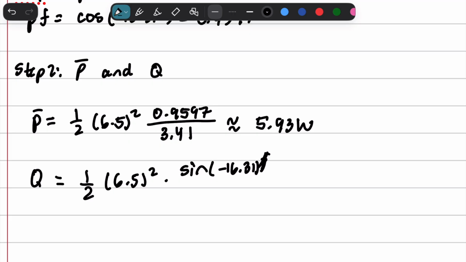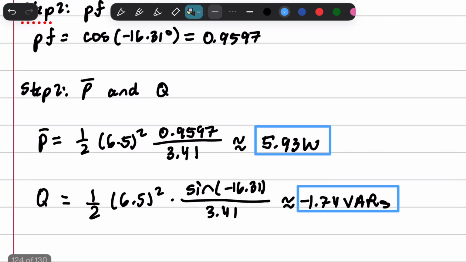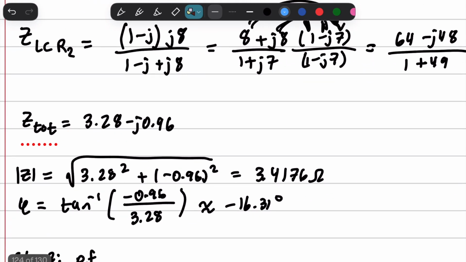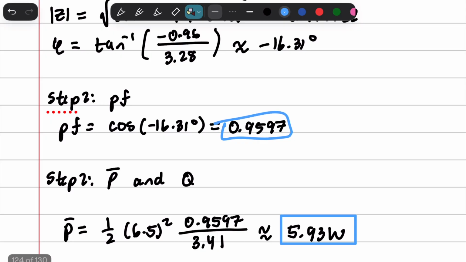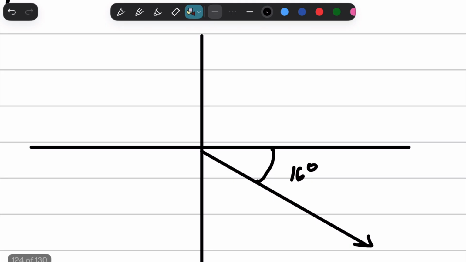So our reactive power is going to be negative, divided by 3.41, and that's going to equal approximately negative 1.74 vars. And that's basically it. We found our reactance, our power, our power factor, and we even added a bonus of graphing out our impedance and seeing whether it's more capacitive or more inductive.